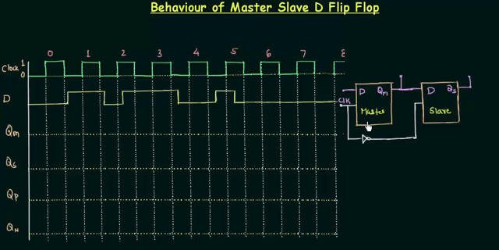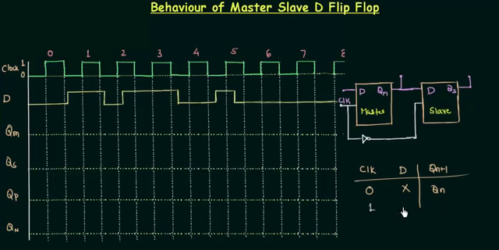So I will use the truth table for a D flip-flop, and if you don't remember, there is no problem. I will make columns for clock, D, and the output Qn plus 1. When the clock is low, whatever be the value of D, Qn plus 1 is going to be Qn, that is the memory state.